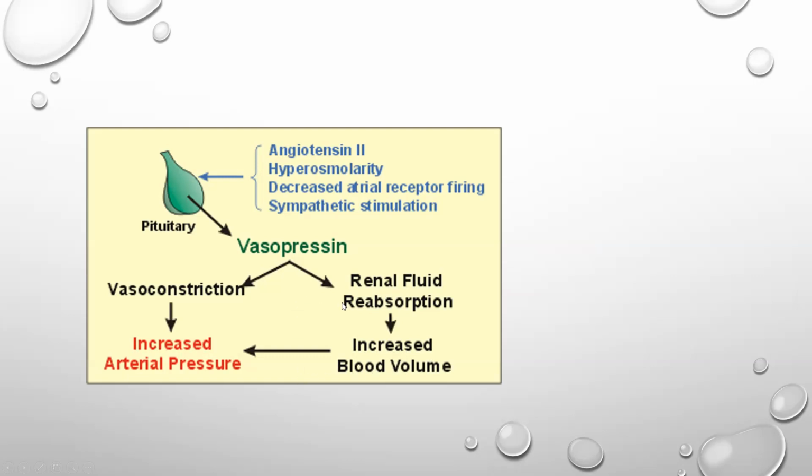So it will help us reabsorb more fluid and increase the blood volume, and this increase in the blood volume, in the presence of good contractility, will end up with a good cardiac output. So the end result is that you will have a better blood pressure for your patient, together with the vasoconstriction. But don't forget, you avoid excessive vasoconstriction.